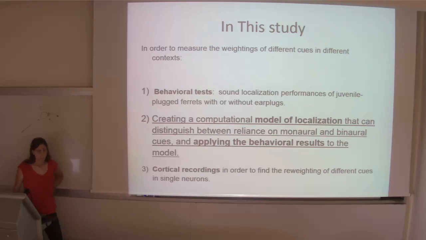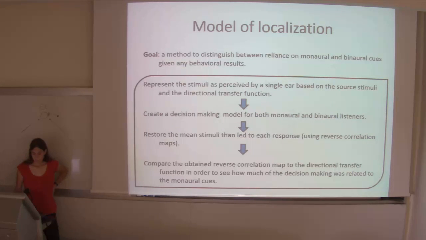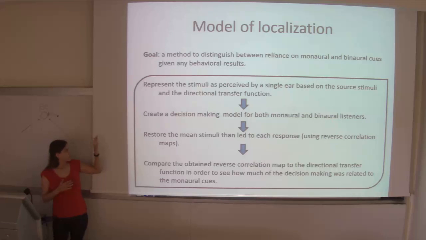Next, they made a computational model of localization that will help distinguish between different strategies. In order to do this, first they needed a way to represent the sound as it comes to the ear. Then they created a decision-making model for both monaural and binaural listeners, using a MATLAB program.